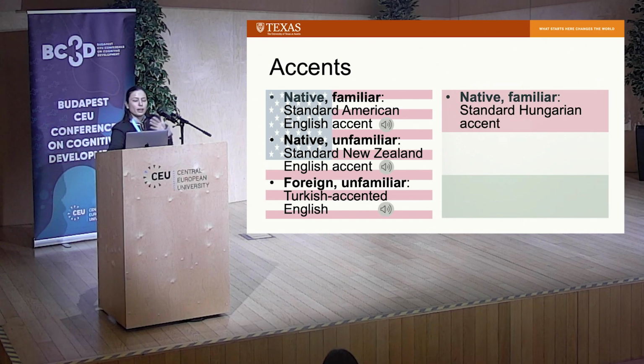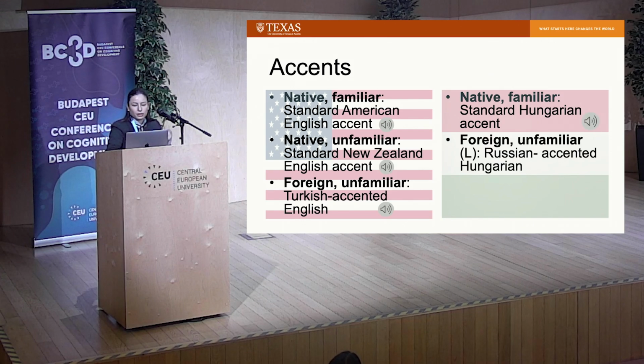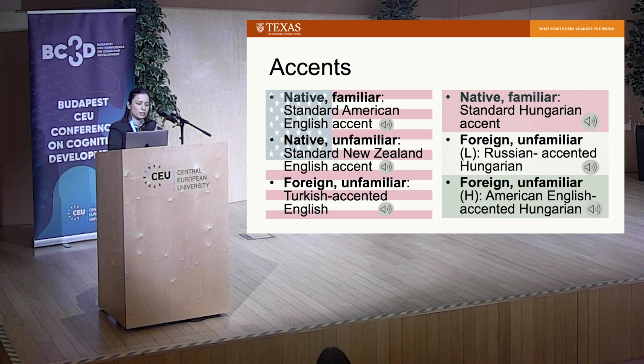And then we chose Hungary, conveniently, as the second field site, where we had the native speech being the standard Hungarian accent, so a native speaker. Again, I don't think it's going to work. And then here we had 2 foreign accented speakers, because we had a hypothesis that unlike in the United States, where a lot of people come to the US and learn English and speak it to different extents and with different accents, in Hungary it's much less likely for someone to come here and learn Hungarian.